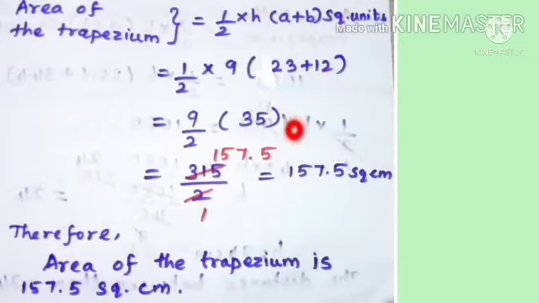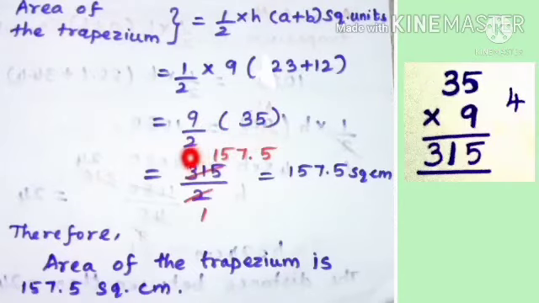Now in the next step, by using BODMAS, we have to do the calculation within the bracket first. So here 23 plus 12 is 35. So we get 9 into 35 divided by 2. Now 9 into 35 is 315, that is we have to multiply 9 with 35.